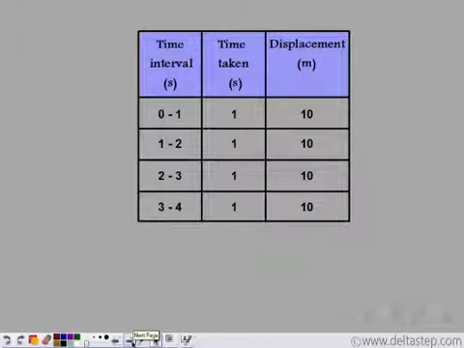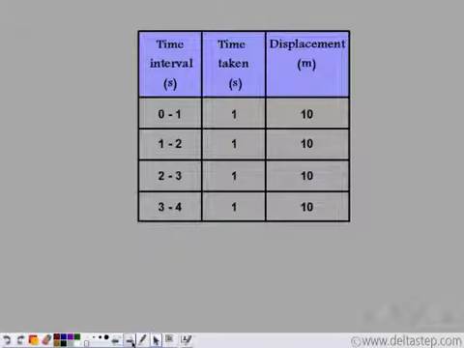Now since we are mentioning direction over here, it means we are measuring the displacement of the boy. So in the time interval 0 to 1 second, time taken is 1 second and displacement is plus 10 meters. So we have taken the rightward direction as the positive direction.